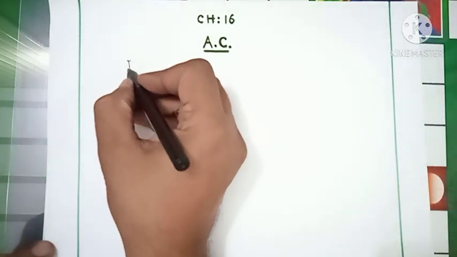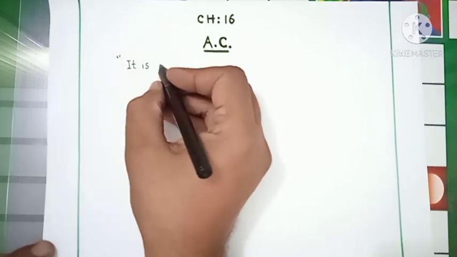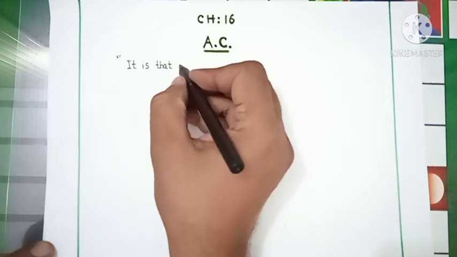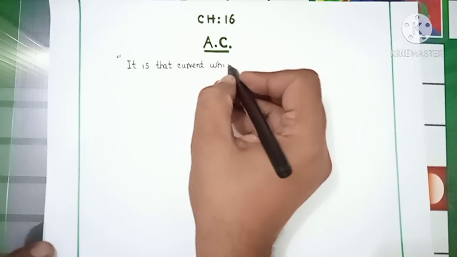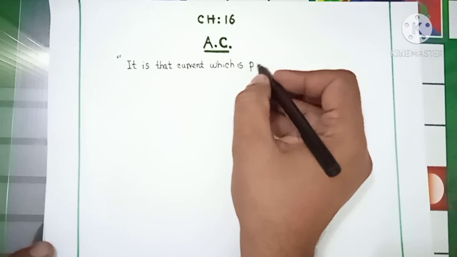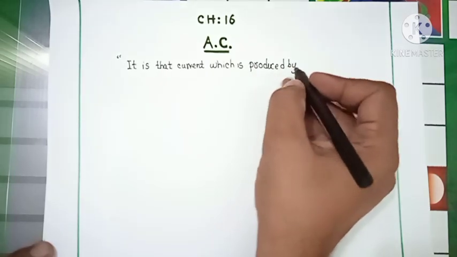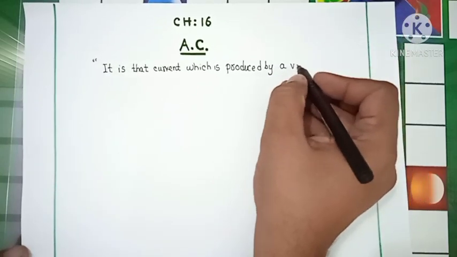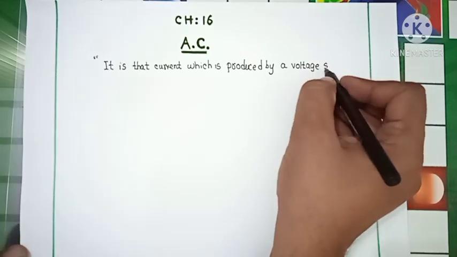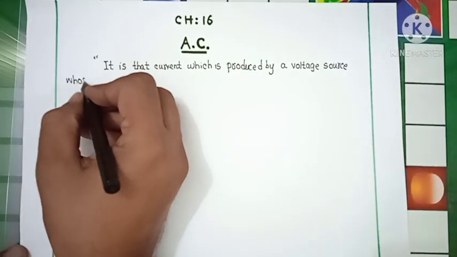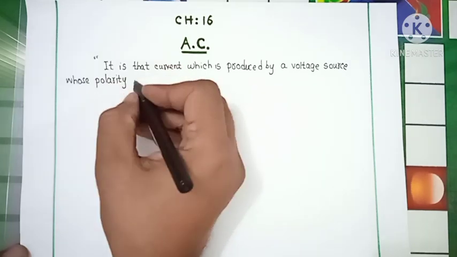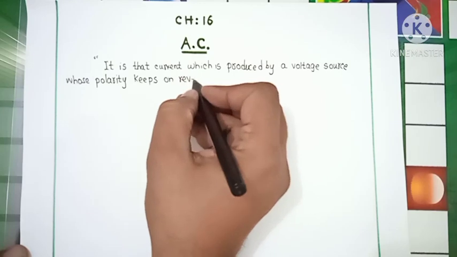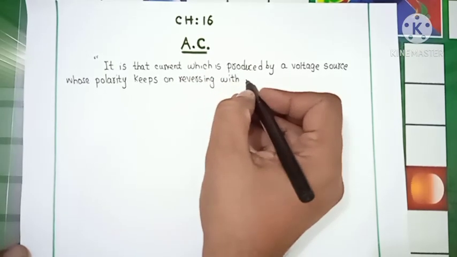Dear students, alternating current. It is that current which is produced by a voltage source whose polarity keeps on reversing with time, keeps on reversing with respect to time.